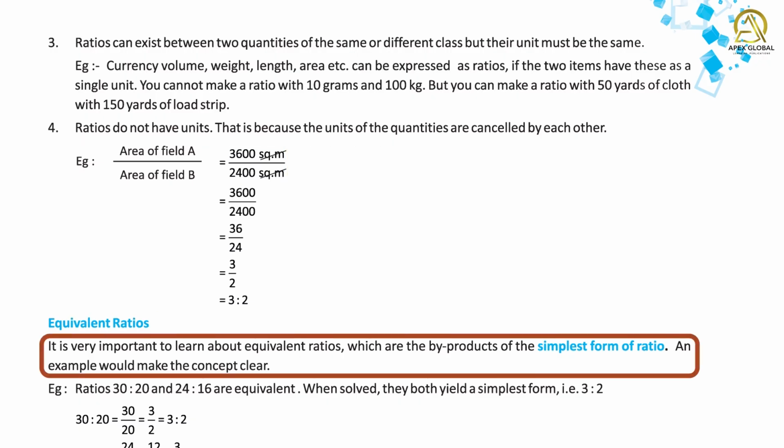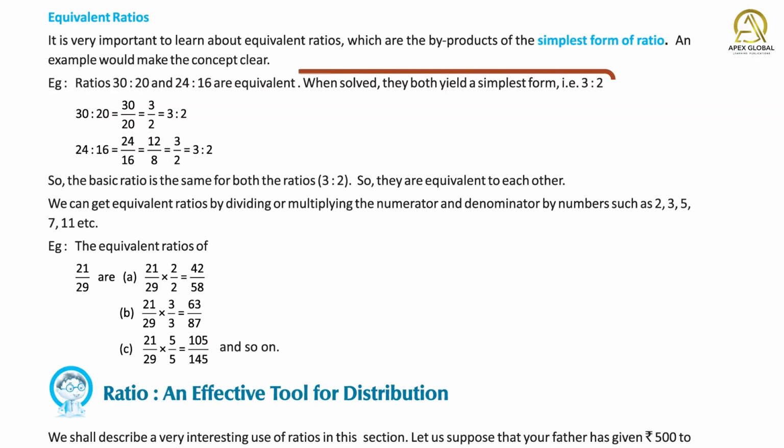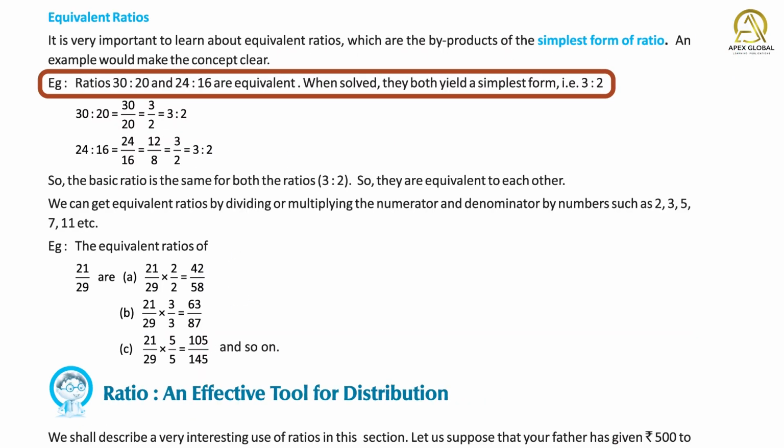Equivalent ratios. It is very important to learn about equivalent ratios, which are the byproducts of the simplest form of ratio. An example would make the concept clear. Ratios 30 ratio 20 and 24 ratio 16 are equivalent.